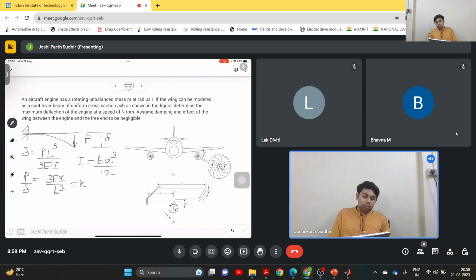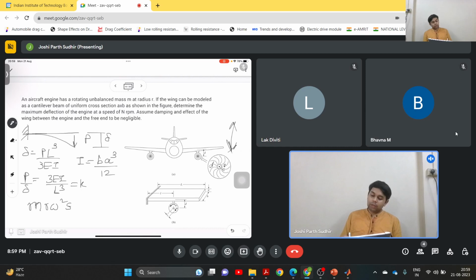And then the force due to the rotating unbalance. If we are looking at the oscillations in the vertical direction only, we can write down the sinusoidally varying force as mr omega square into sin omega t.